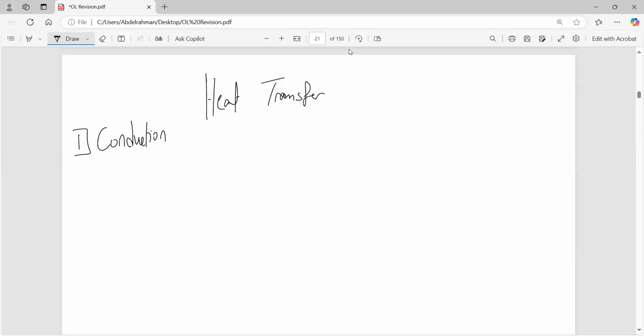Temperature and kinetic energy are always directly proportional. As you increase the kinetic energy of a molecule, the heat or the temperature of this molecule increases as well.